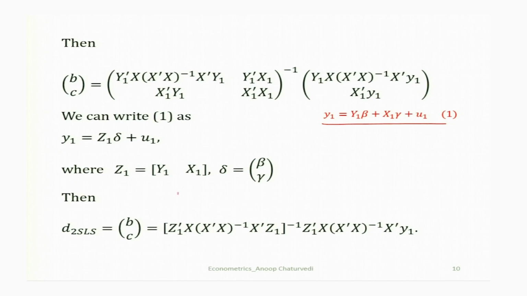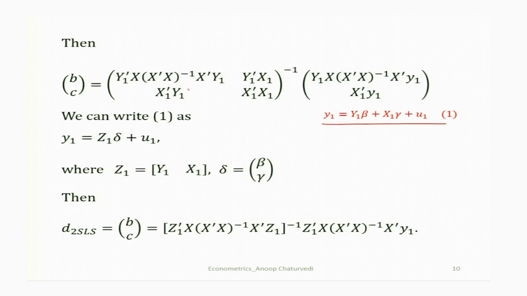Here you obtain y1 transpose X (X transpose X) inverse X transpose y1, and then you have y1 transpose X capital Y1 transpose X (X transpose X) inverse X transpose X1, which is equal to y1 transpose X1.